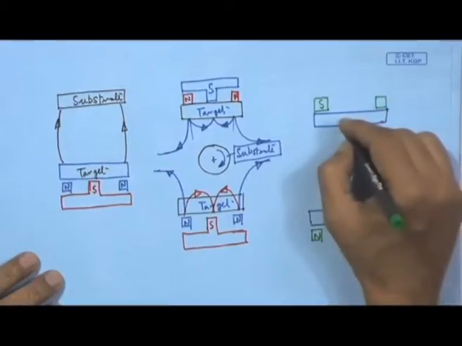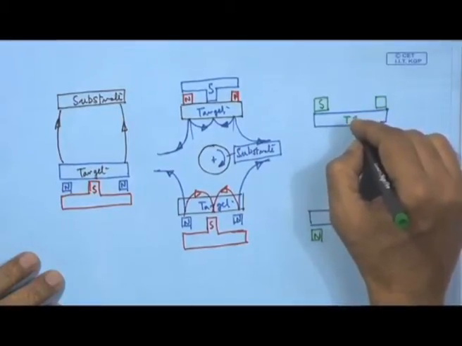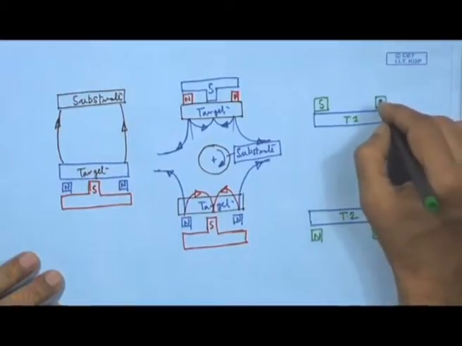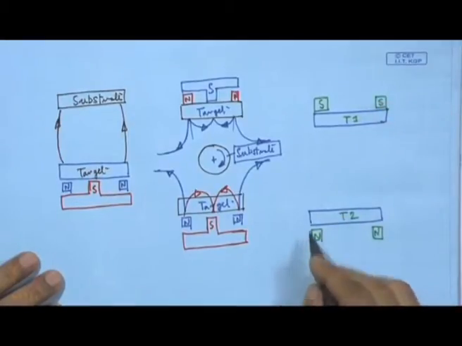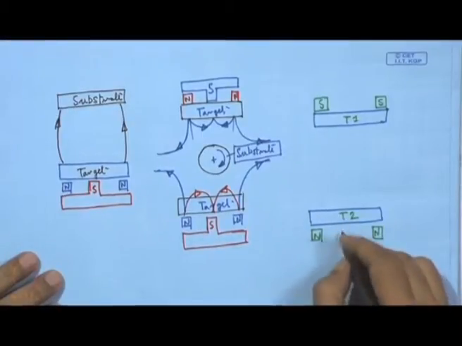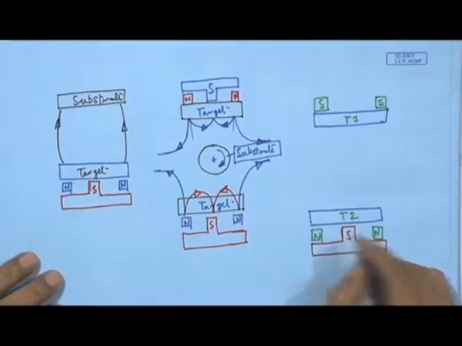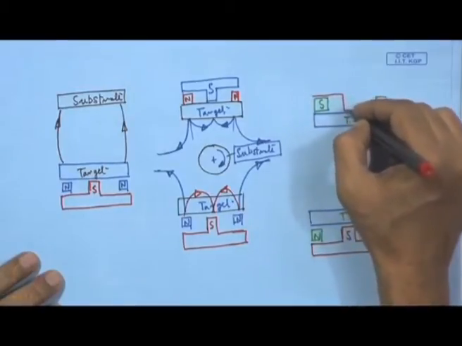So, this is target 1, this is target 2, and the configuration is like this: north facing south, and obviously this happens to be the central pole south, and here the central pole is north.